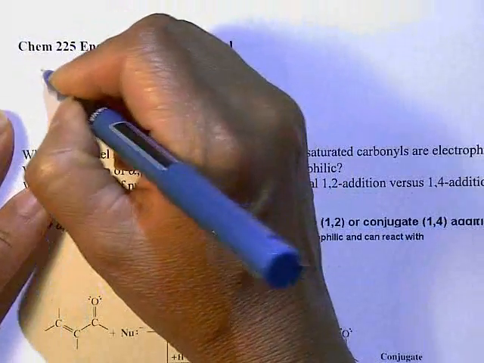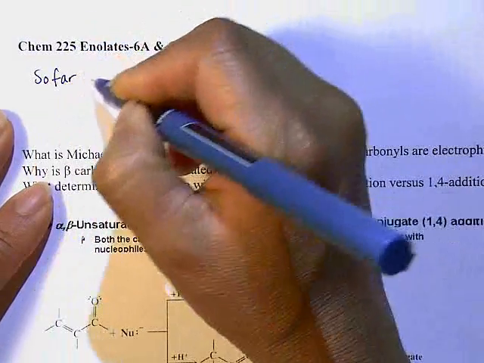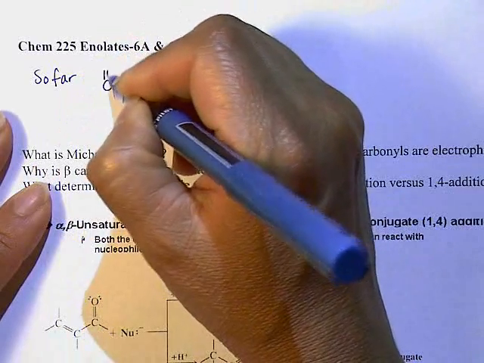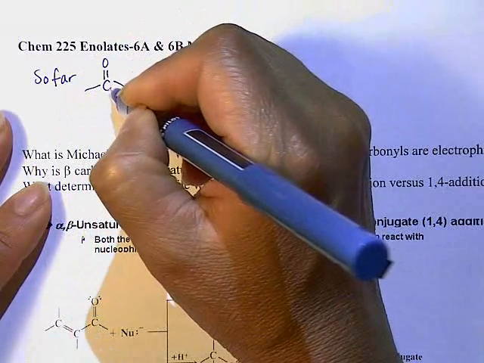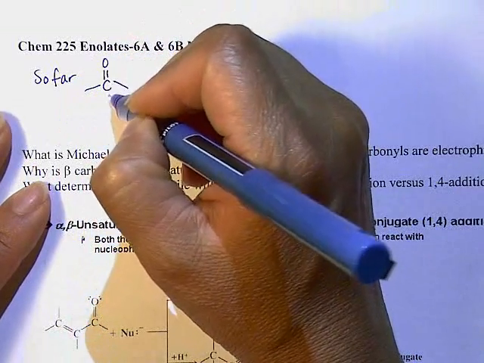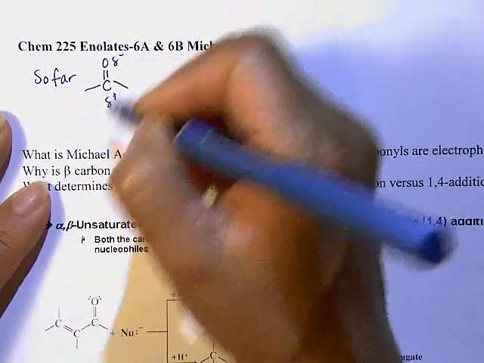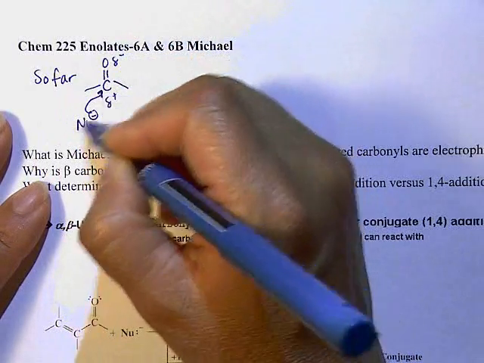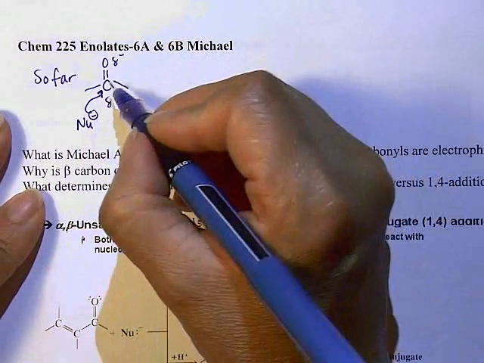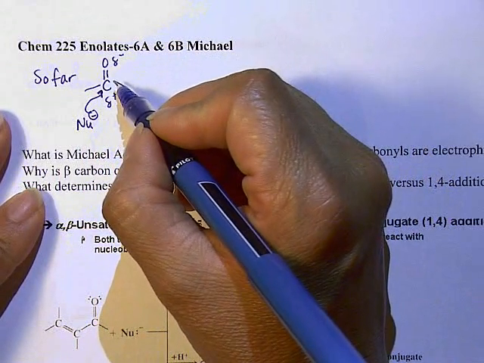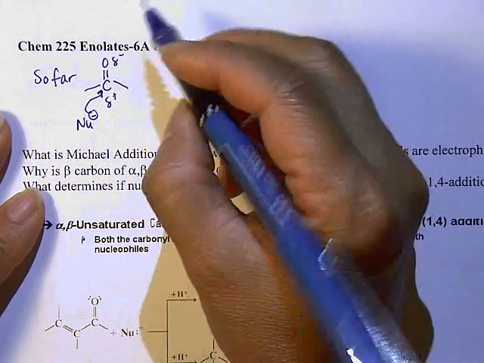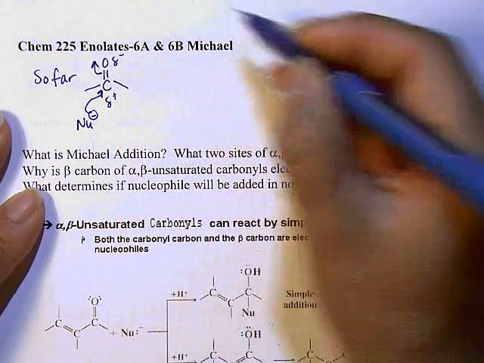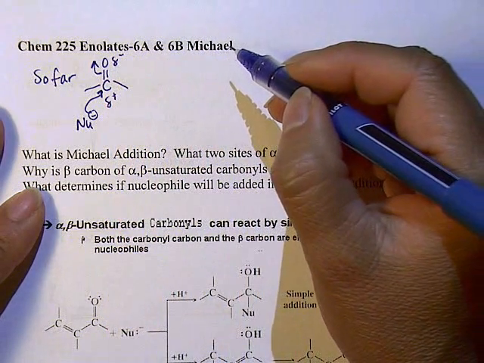So far, what we've been reacting with is a carbonyl, in which the carbon of the carbonyl was partially positive. Therefore, we had a nucleophile, in this case an enolate, that came and attacked the carbon of the carbonyl, and the reaction proceeded.